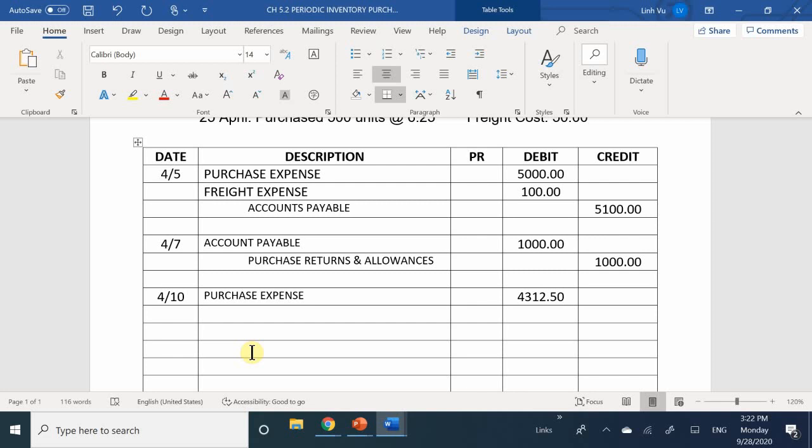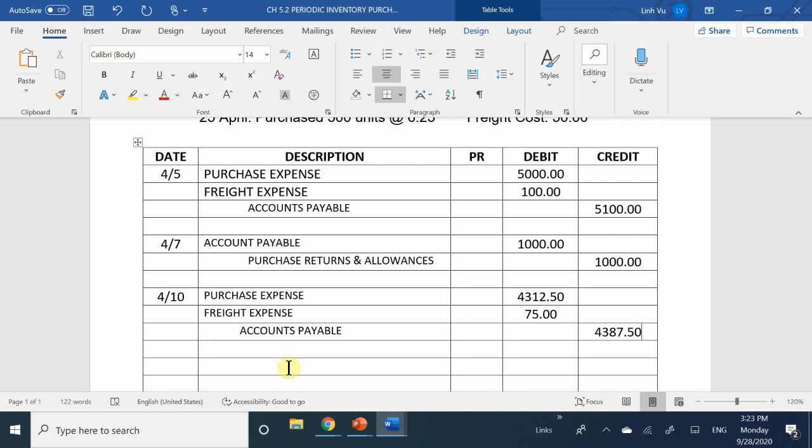Okay. And then we have the freight expense of $75. And under that is accounts payable in the credit column for $4,387.50. Yeah. All right. No worries.